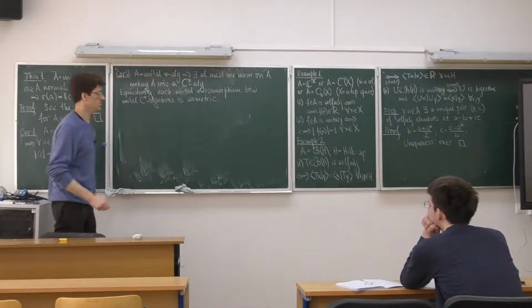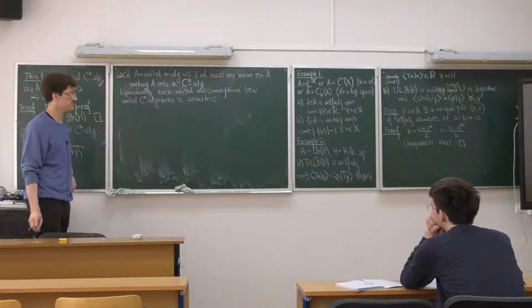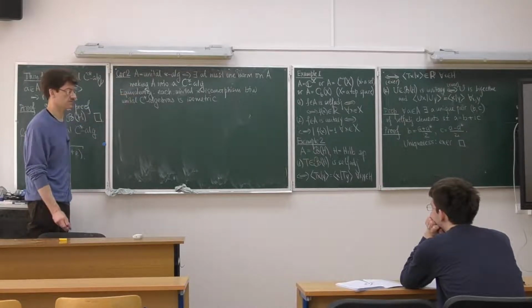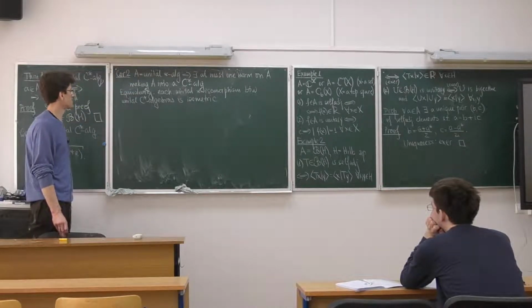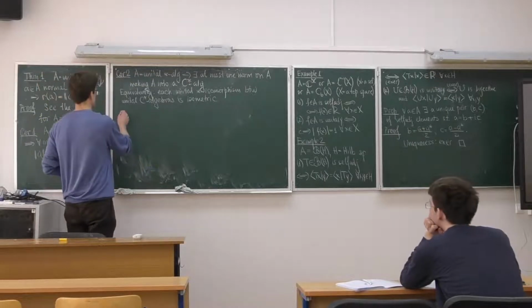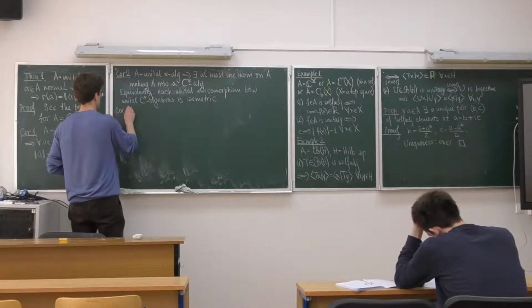Each unital star isomorphism is automatically isometric because of the uniqueness of a C-star norm. In fact, we have a slightly more general result, corollary 3.